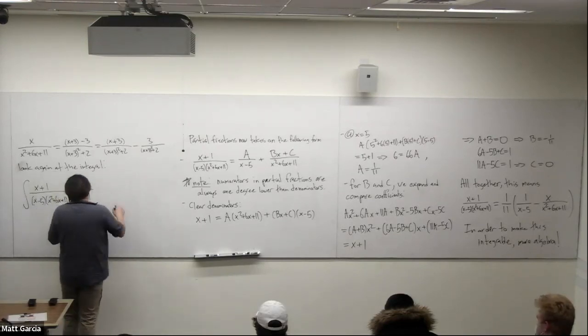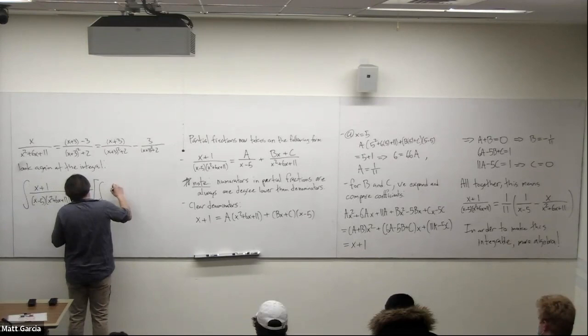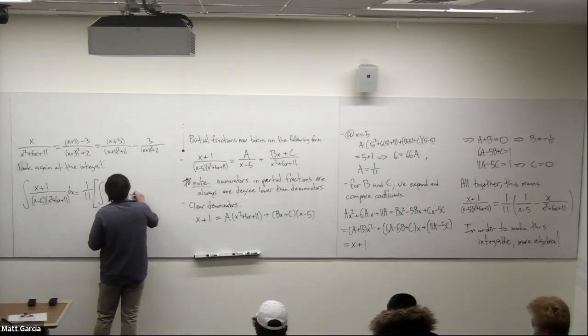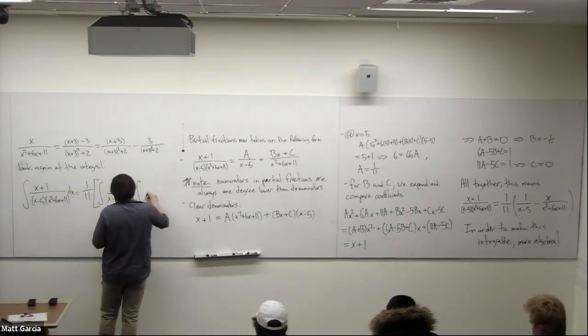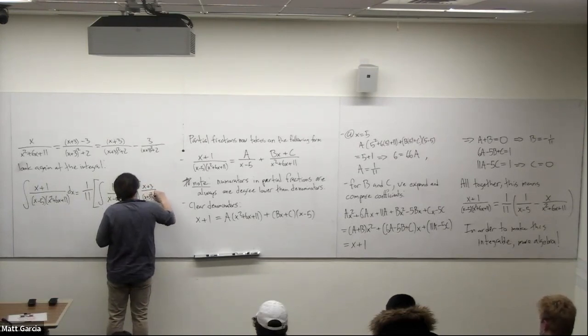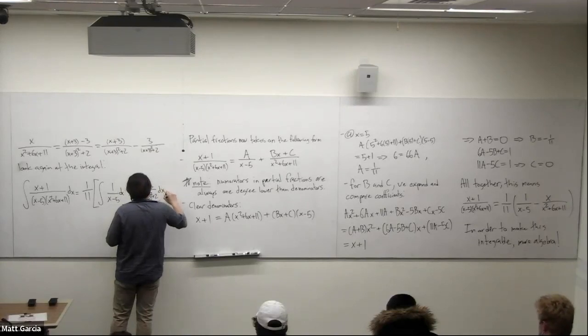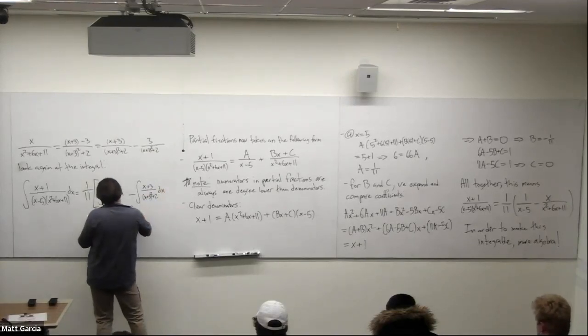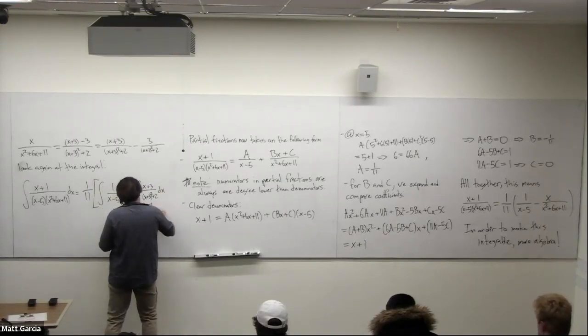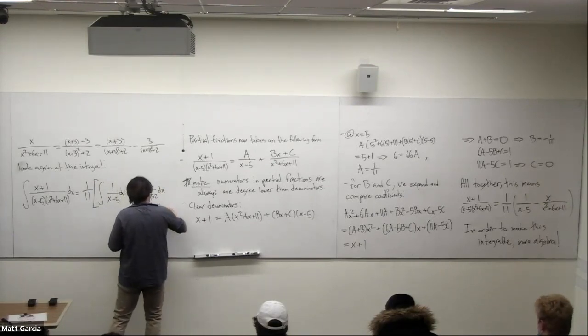Okay, so we have 1/11 out front times the integral of 1 over x minus 5 dx, minus the integral of x plus 3 divided by (x plus 3) squared plus 2 dx, plus 3 times the integral of 1 divided by (x plus 3) squared plus 2 dx.